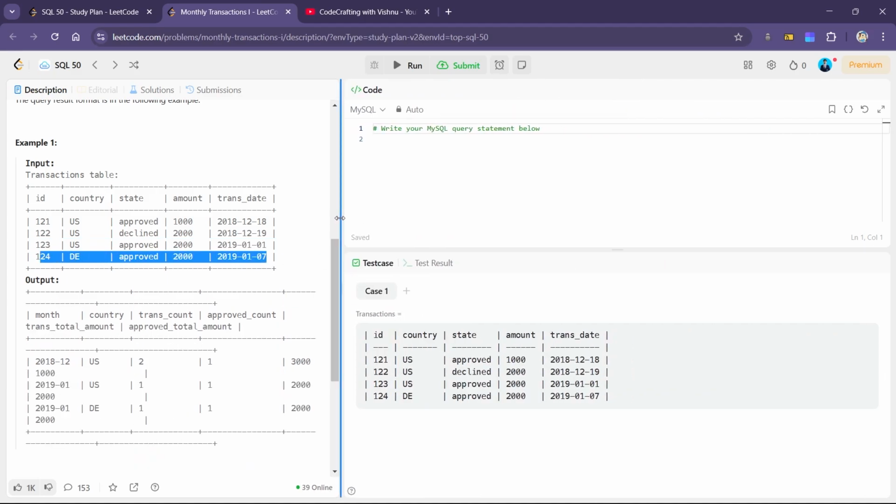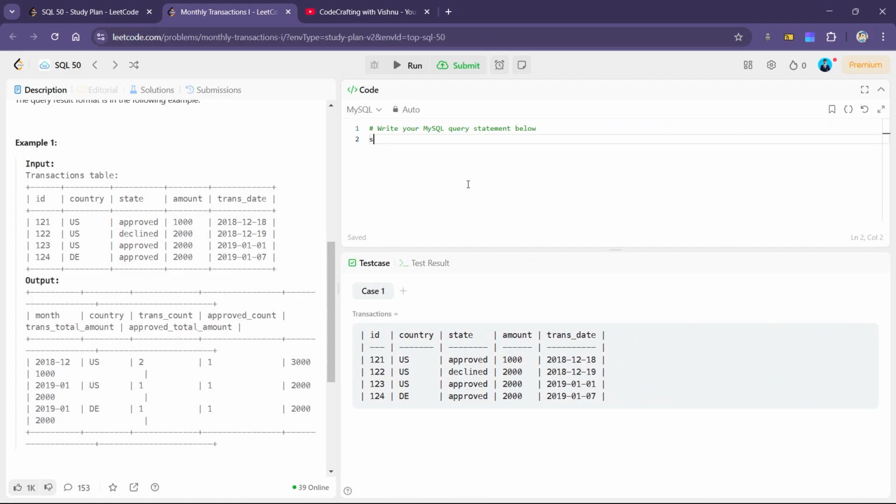So let me write the query so that we can understand it better. First we'll select everything from Transactions. Now we have to divide this table as per the question, first by month and second by country. But what should be the month? You see, we are given the date.